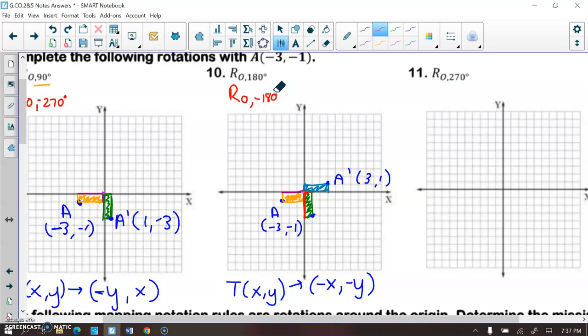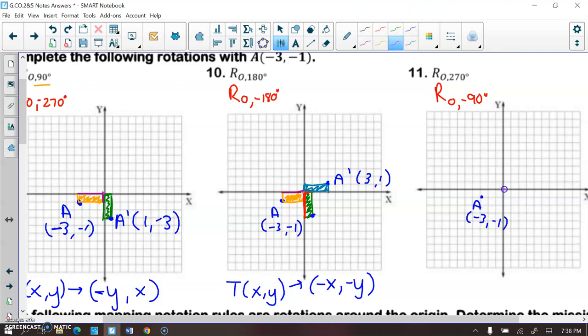All right, and so my last one, a 270-degree rotation now, that is the same as a -90-degree rotation. So instead of doing 3 90-degree rotations counterclockwise to get 270 degrees, it might just be easier for you to do 1 90-degree rotation clockwise to rotate point A. So let's plot point A, which again is at -3, -1.